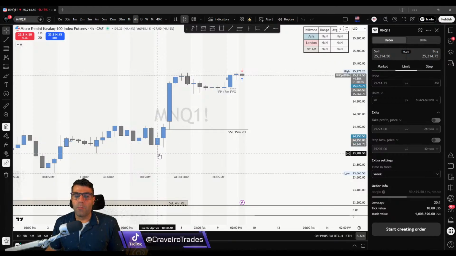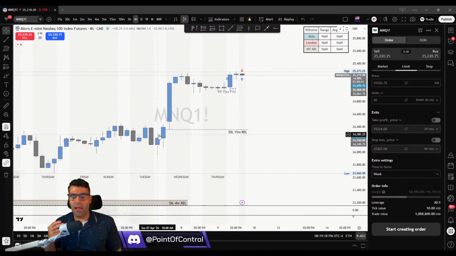We opened, pushed lower, and then retraced back up all the way to 24,301. By the way, we are looking at the micro E-mini NASDAQ, which is the market as a whole.